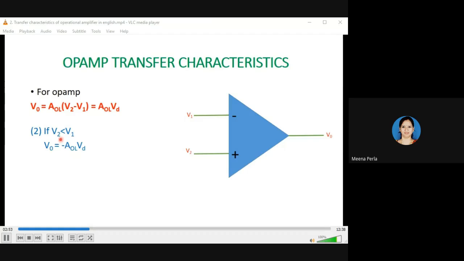Second case: if V2 is smaller than V1, meaning negative input voltage is greater than positive input voltage, then Vd becomes negative, and output voltage is equal to minus AOL into Vd. Third case: if both the input voltages are equal, then V2 is equal to V1, Vd is equal to V2 minus V1, which is 0. If we put Vd equal to 0 here, we get V0 equal to 0.